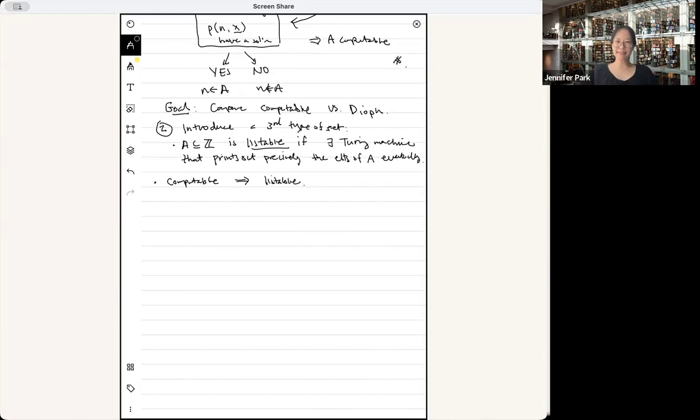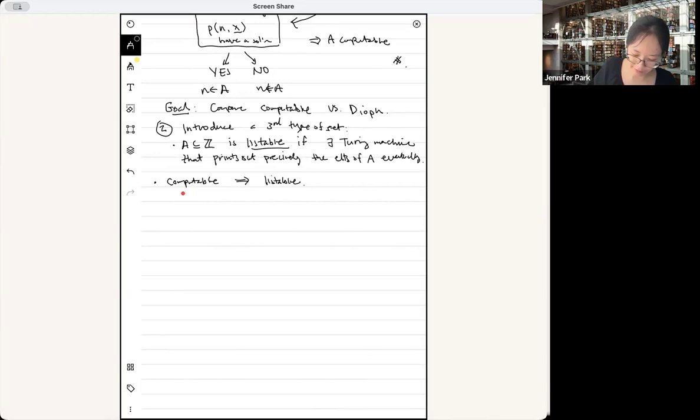Okay, so I claim that computable sets are listable. Do you guys see why? Can you come up with a Turing machine that will eventually print out elements of this computable set? It's pretty easy, because the computable set already comes with a Turing machine that decides. Just go through all the integers n and check with the machine. A computable set literally comes with a machine.